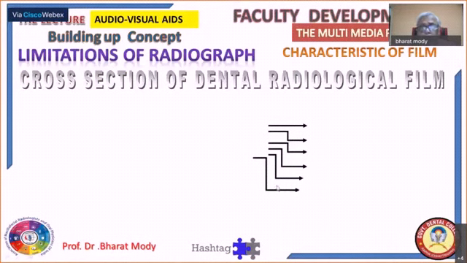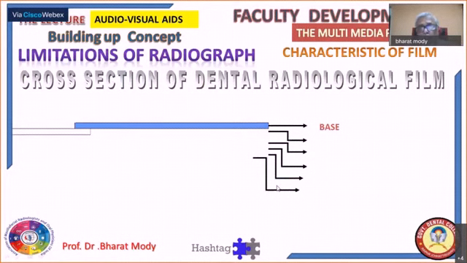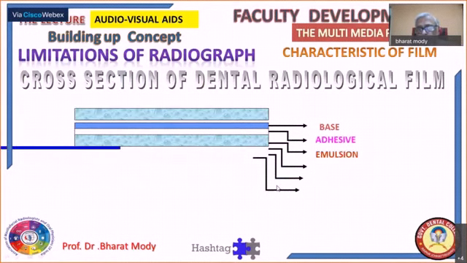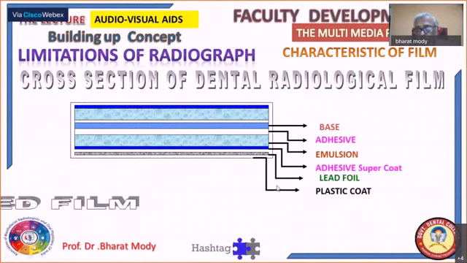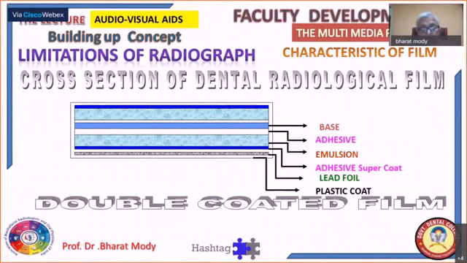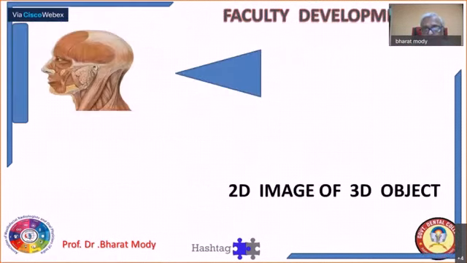Suppose you want to show the limitation and you want to see the cut section of a film, then you can do this and show them the different matter. For example, in conservative, suppose you want to show a sub base, then a base, and then a filling which is being done, then in that case you can utilize this because these students will remember much better than just showing them a photograph of it.